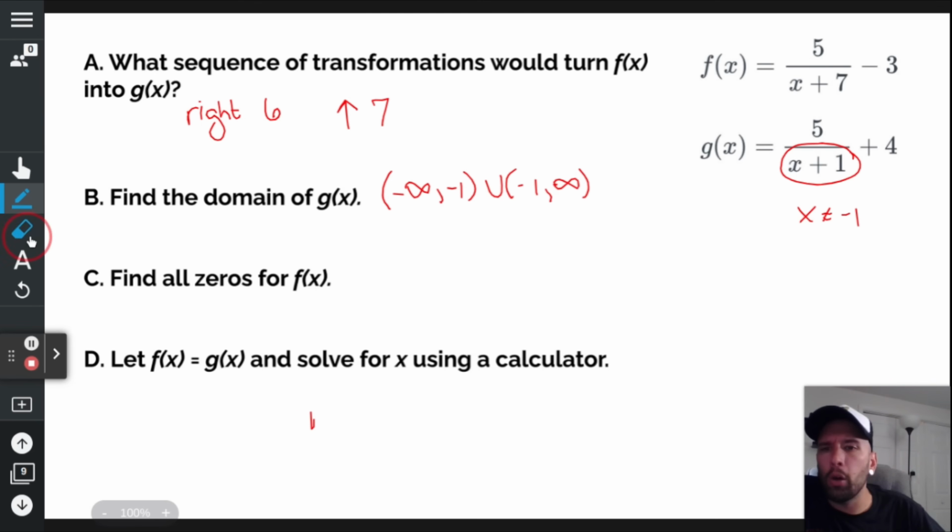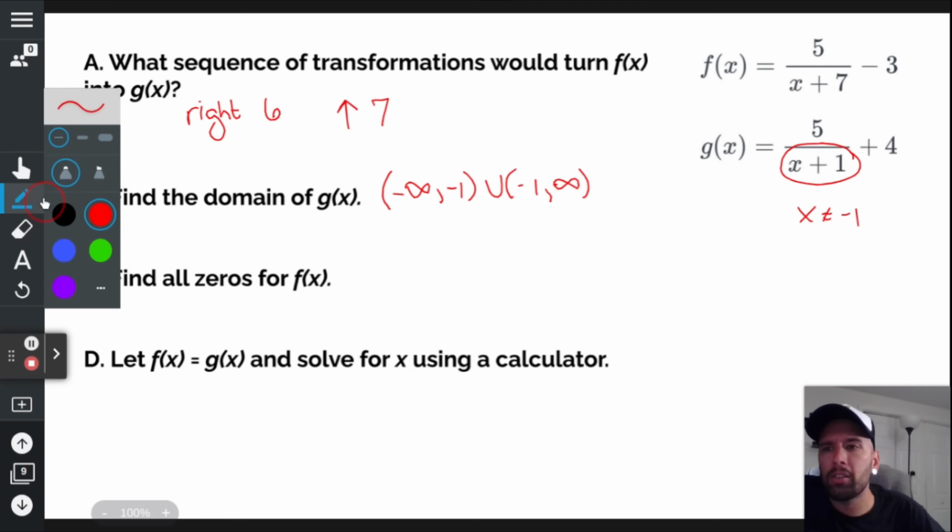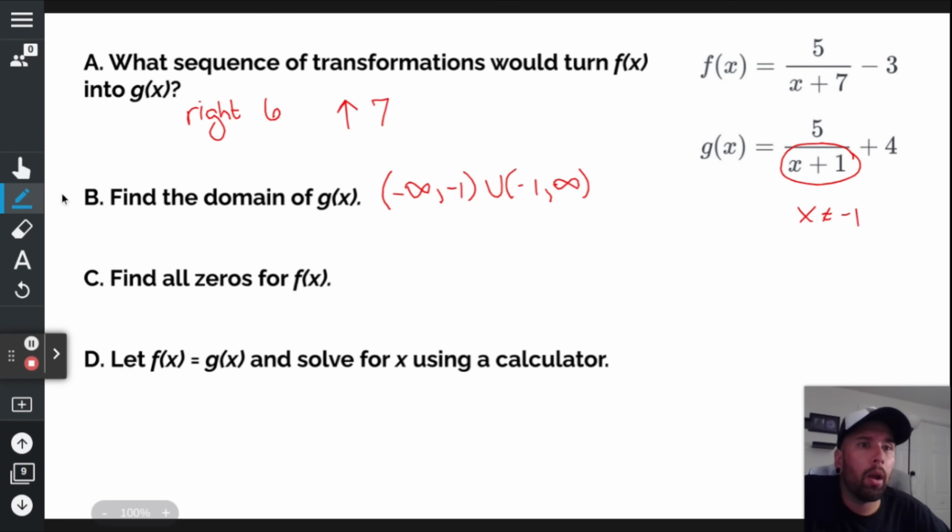Find all zeros for f of x. When you are given a rational function, the way you find the zeros is you set the numerator equal to 0. My numerator doesn't have a lot going on, so let's make life a little easier.